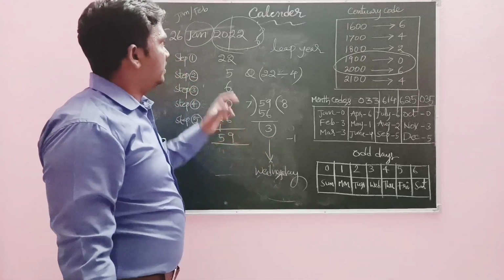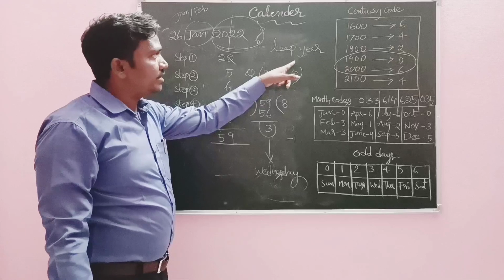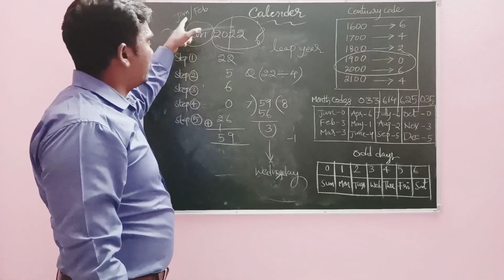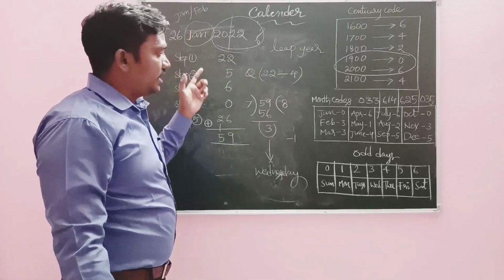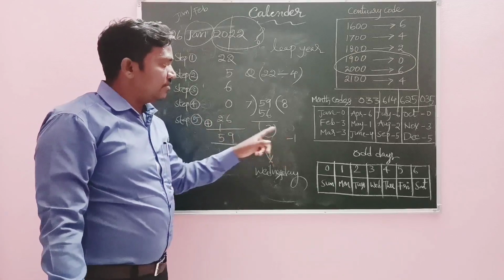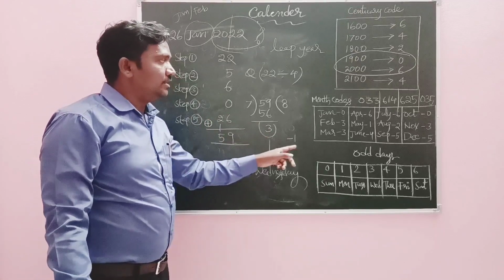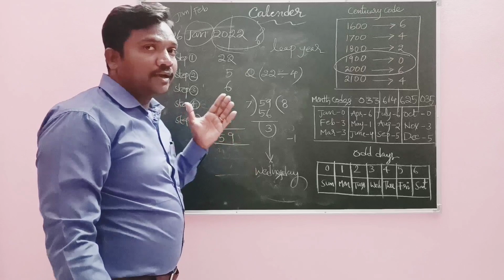I will tell you once again. If the given year is a leap year and the month is January or February, then we have to subtract 1 from the final result. Then only we can get the correct answer.